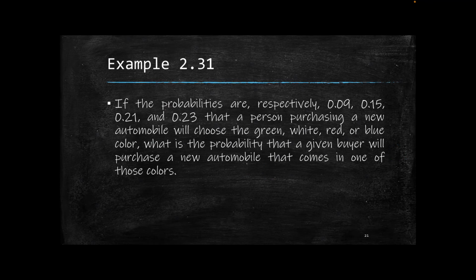This is another example of mutually exclusive events where we can apply Corollary 2.1 to find the probability of a given buyer purchasing a new automobile in one of these colors.